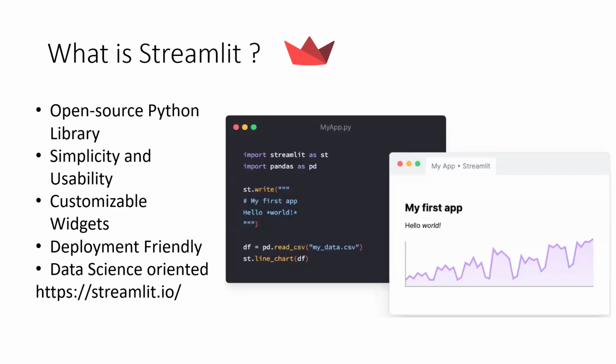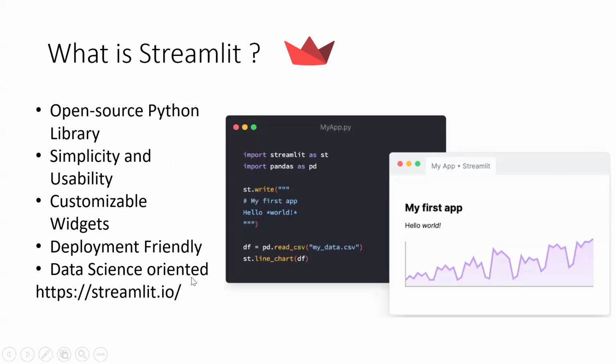You can also deploy your Streamlit application on the Streamlit Cloud. They provide Streamlit Cloud where you can create and deploy your Streamlit applications, and then from your client machine, we can all access those applications.